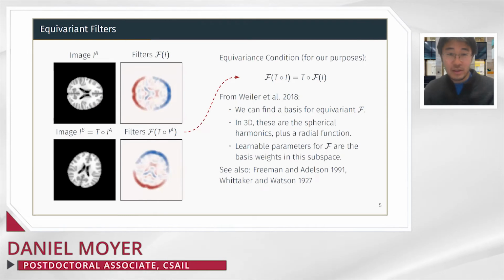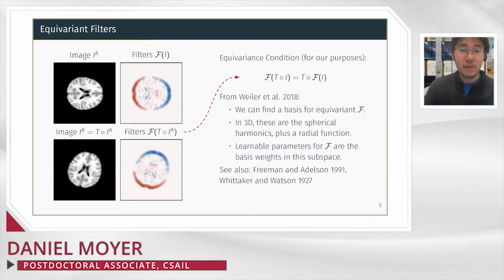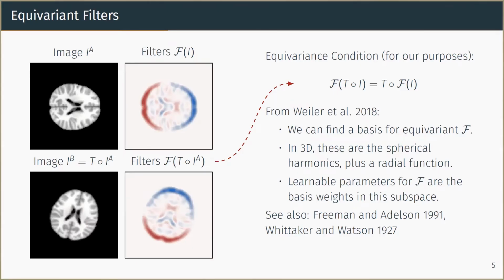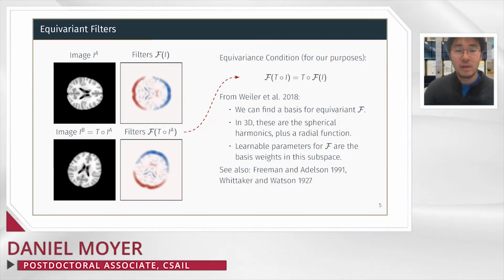If we're able to construct a convolution such as this, we get a more technical description: the filters, the features that we've learned, the convolutional filters, commute with the translation and rotation operator, the T operator. So if we have an image A and it's truly the translation and rotation of another image B, then by applying these filters to both images, we know that the filters of the second image are a translation or rotation of the filters of the first.